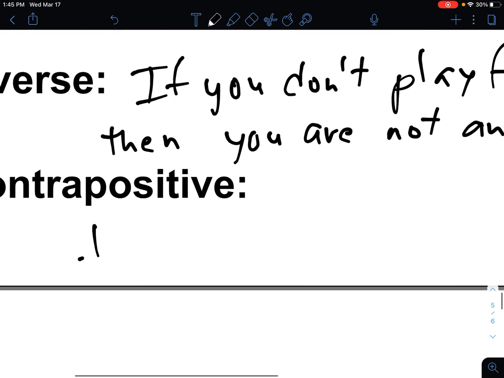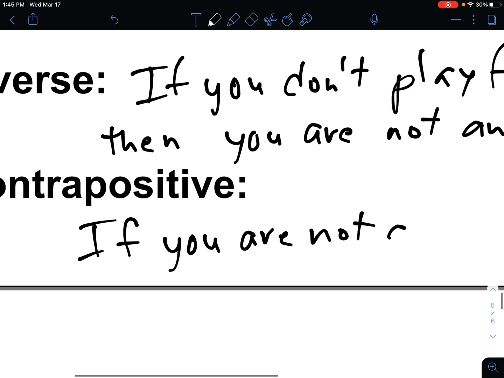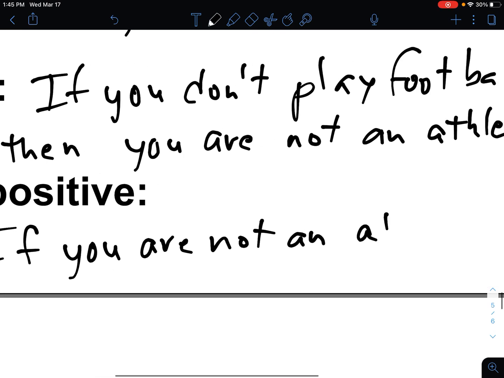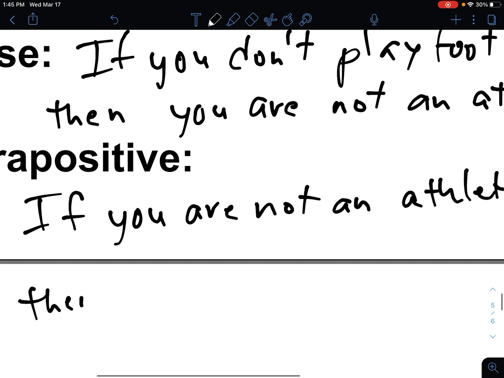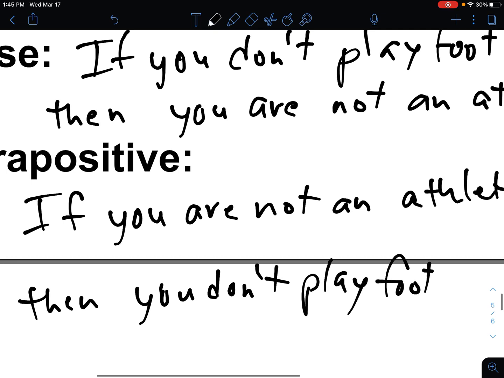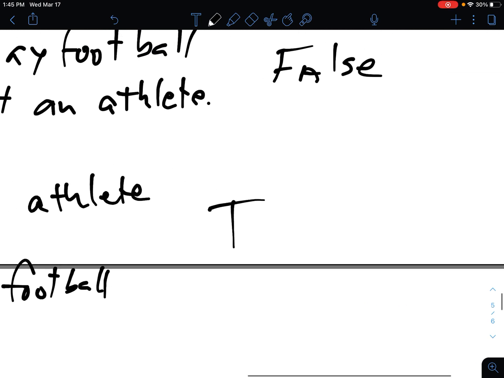So if you are not an athlete, then you don't play football. Well, that's a true statement, right? If you're not an athlete, you're not playing football. So that's a true statement.